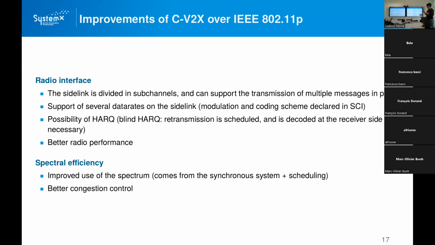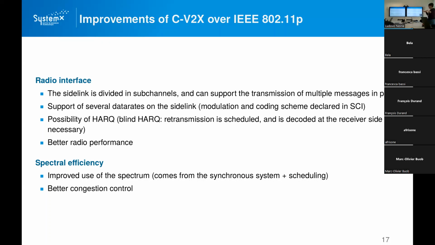You get HARQ retransmissions. This is blind HARQ. You are broadcasting, so nobody is going to tell you whether they received it or not. So what you do is schedule a first transmission and a retransmission a few time slots after, and the receiver decides if it needs to decode the retransmission because it didn't get the first one.